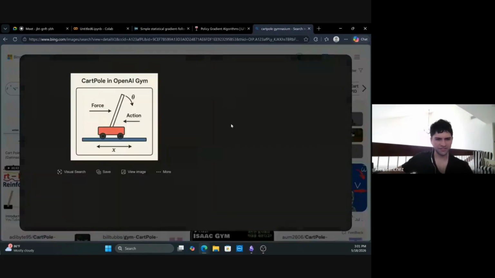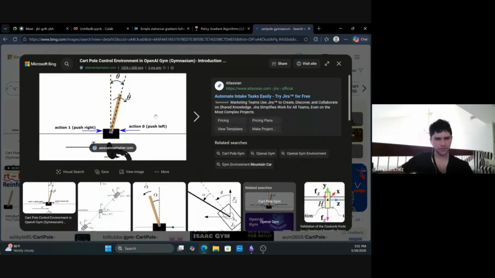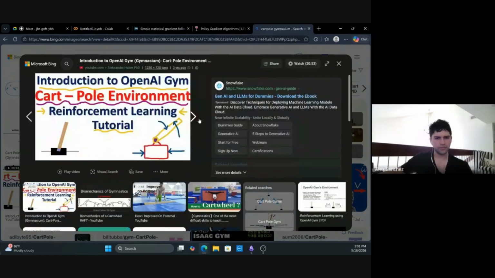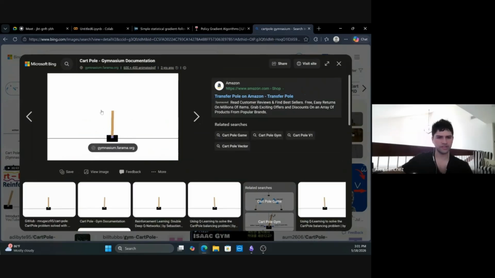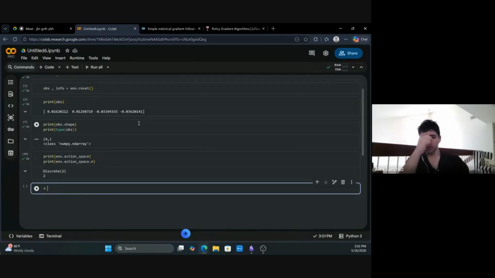It literally looks exactly like that. I have some visualization code, but this is basically our goal: to keep this pole as straight as possible without toppling over. But we have to do a couple of things.